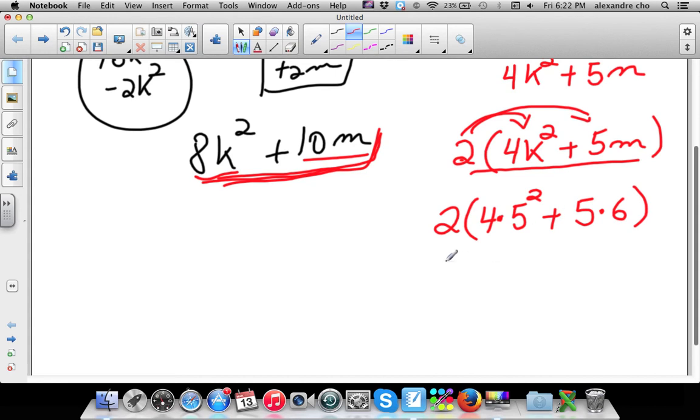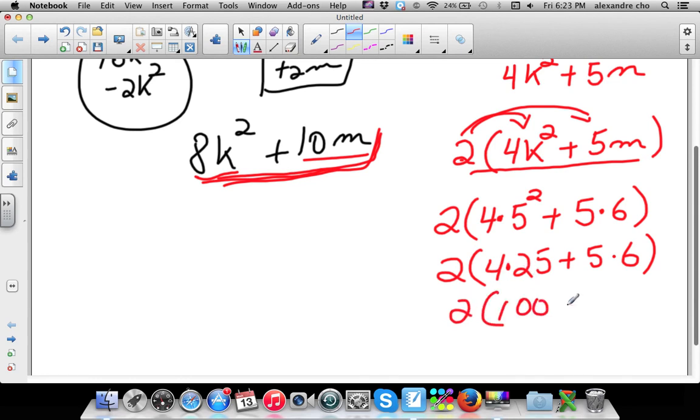Follow order of operations. So we're going to do inside the parentheses first. And inside the parentheses we have the 4 stays the same. 5 squared, let's take care of our exponents. 5 squared is 25. And 5 times 6, I'll leave that for the next slide. Okay. Alright, so going back there, now we can do the multiplication. 4 times 25 is 100.